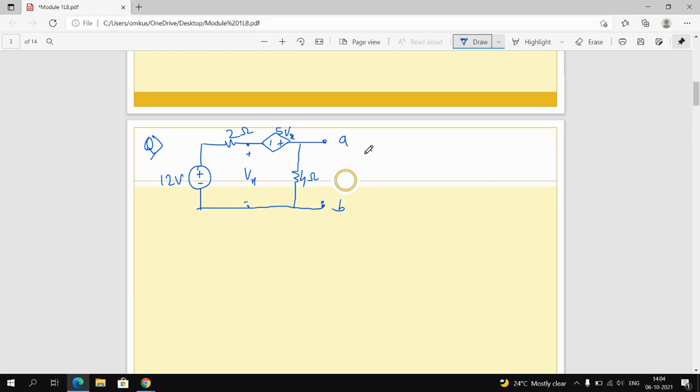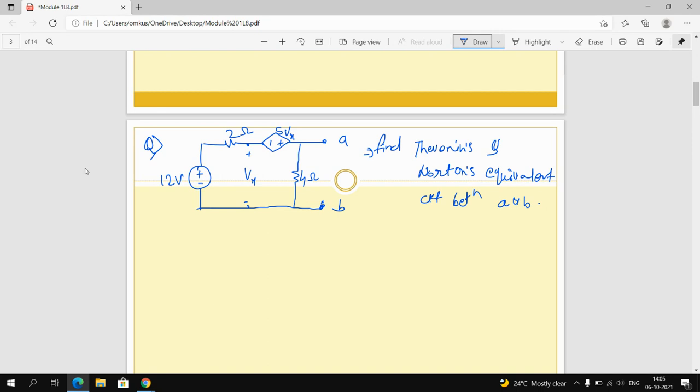You need to find out the Thevenin's and Norton's equivalent circuit between A and B. You have to find this Norton equivalent or Thevenin's equivalent circuit across these two nodes.